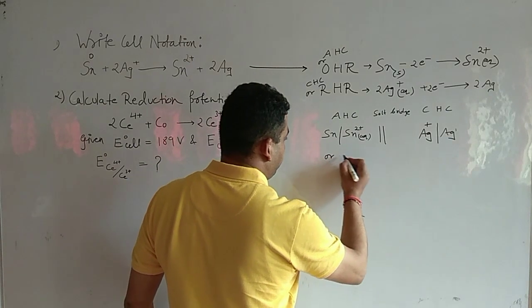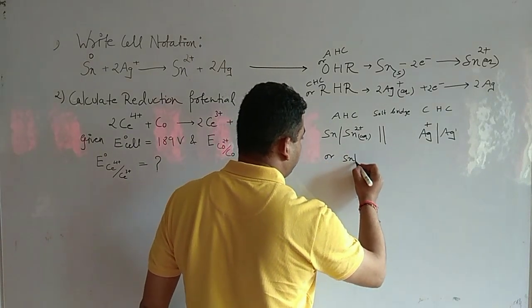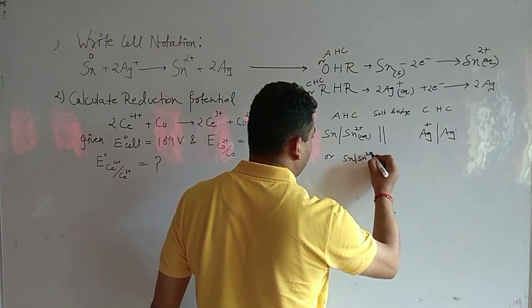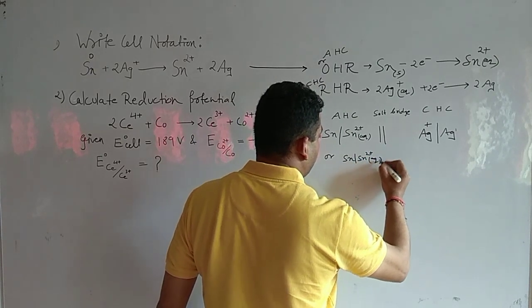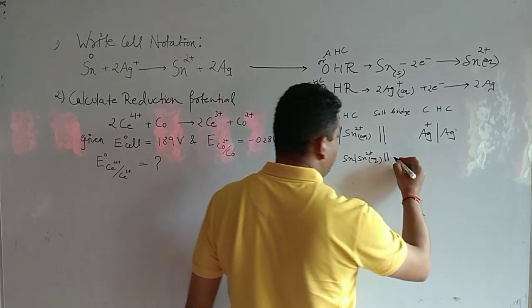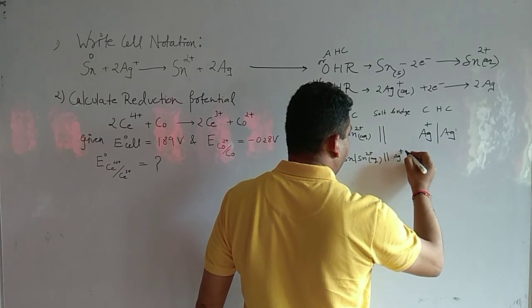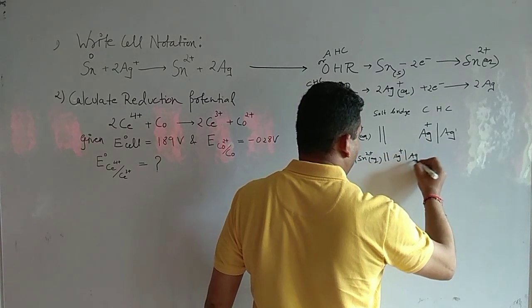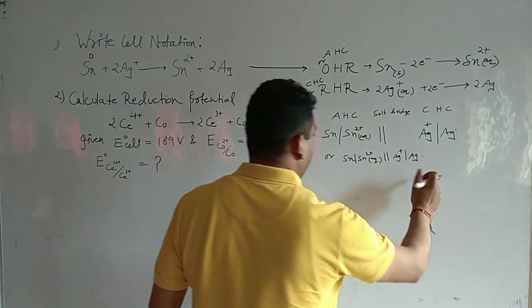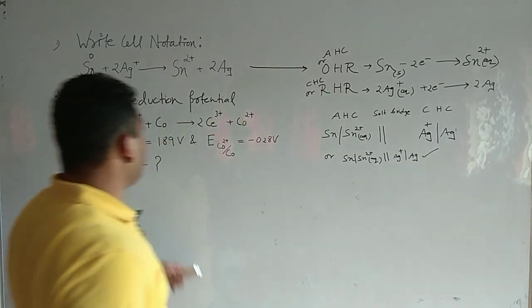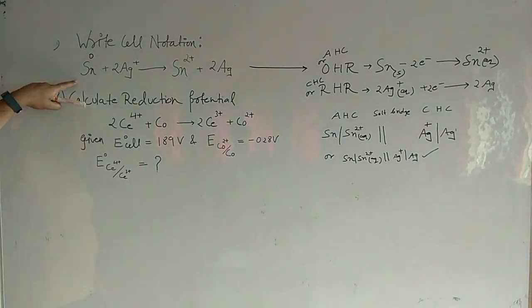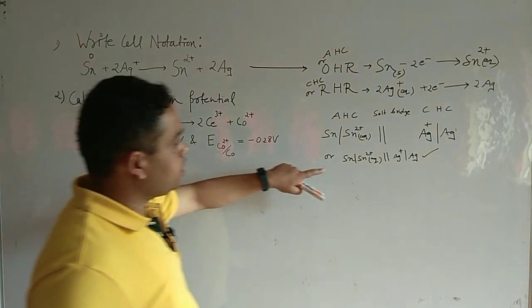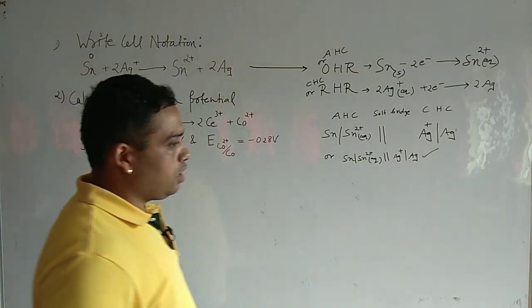If you want to write this properly: this is Sn, this is Sn2+ in aqueous medium, this is your salt bridge, this is silver, and this is the silver ion and silver again. So this is how, if the reaction is given, you can write the cell notation.